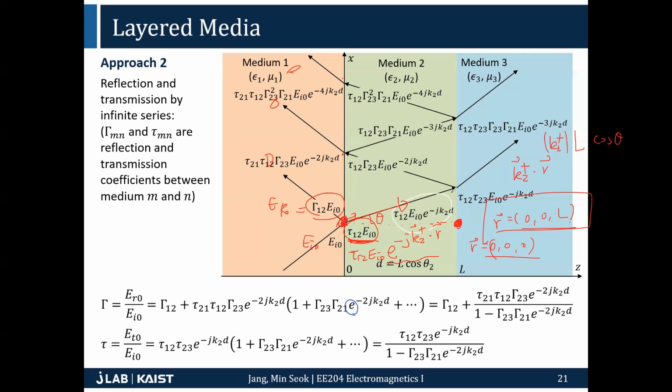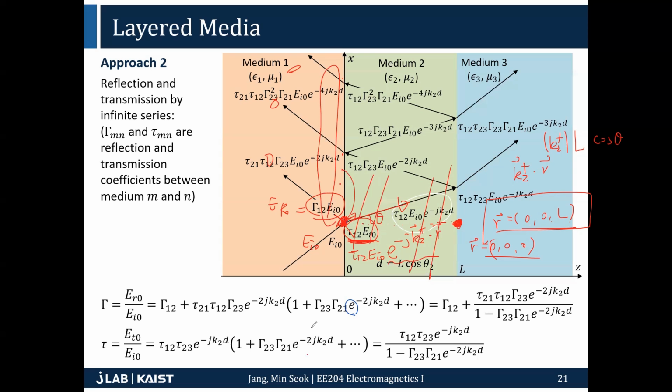Similarly, when this wave is reflected back and goes back to the first interface, we also need to evaluate the electric field at the origin, not at a position a certain distance away from the interface. We need to evaluate things exactly at the origin for all the partial waves so that we can add them without any problem.